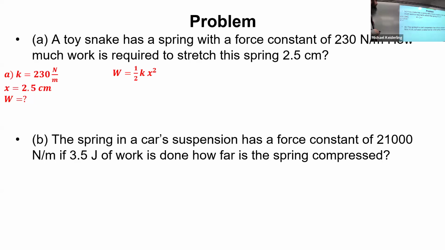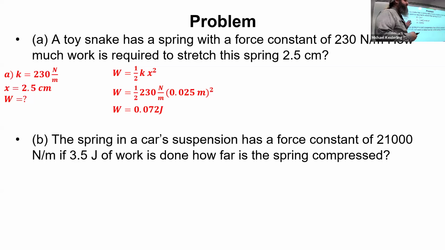We will have to convert x to meters, so that will be 1/2 times 230 newtons per meter times 0.025 meters quantity squared, which comes out to 0.072 joules. And just to stay in convention with the previous slide, stretch here is positive. So for compression, that will be negative.